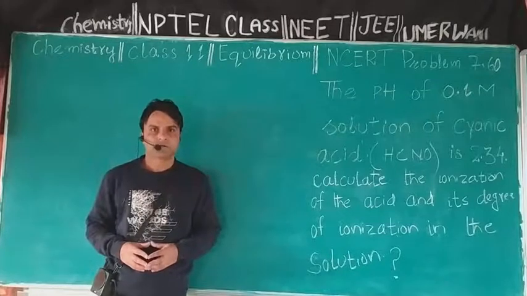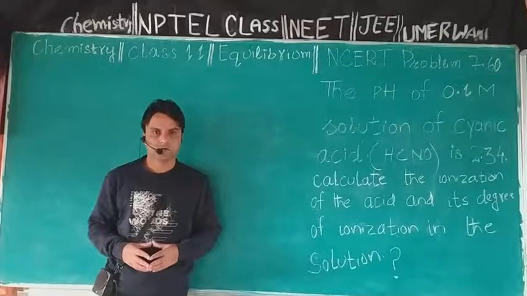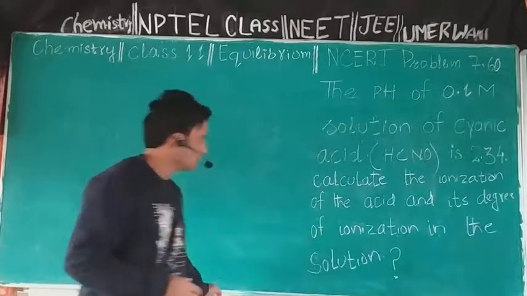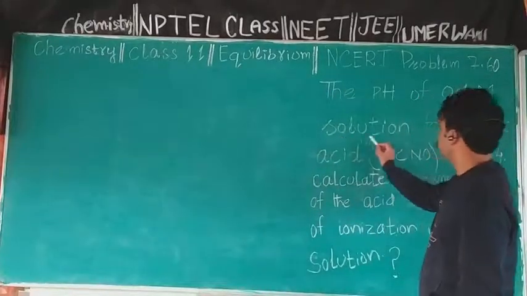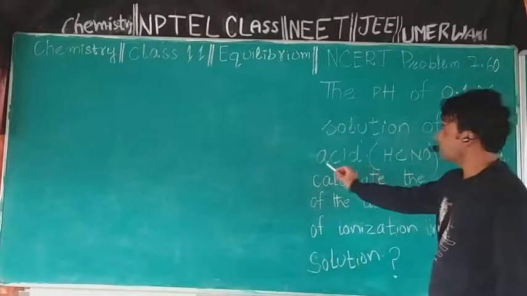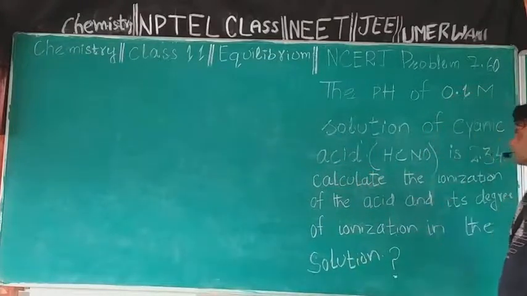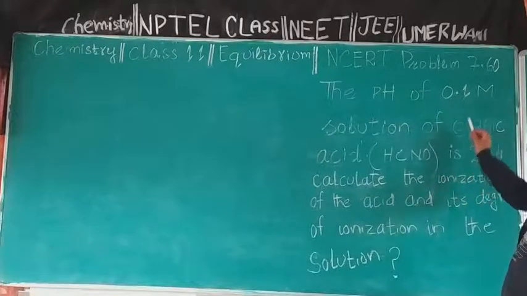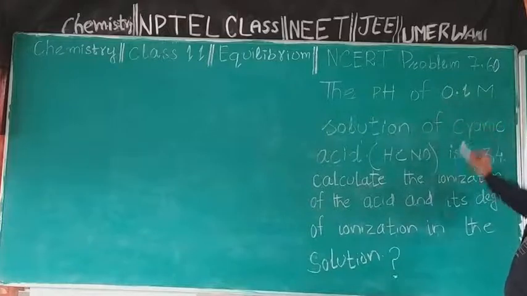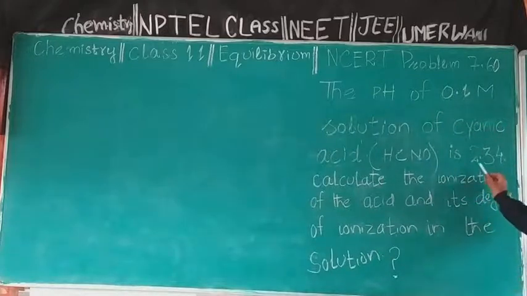For this problem we need to identify first what we know. We have got a solution of cyanic acid of composition HCNO, and for this solution its molar concentration is 0.1 molar and its pH is 2.3.